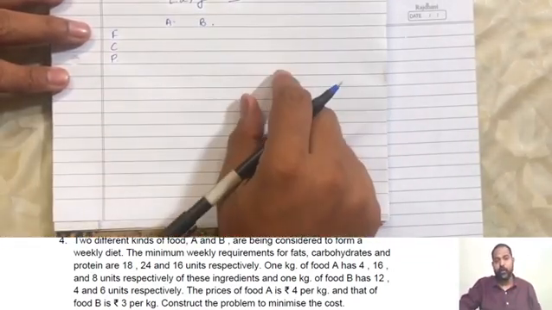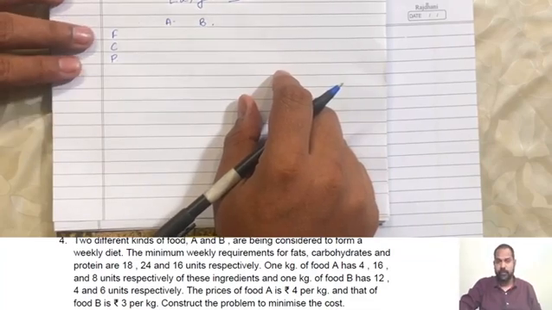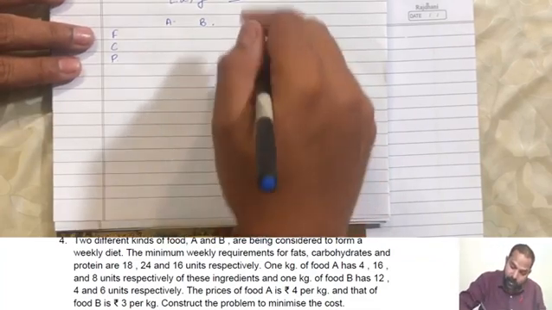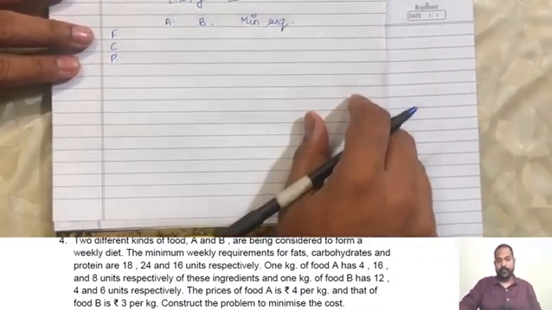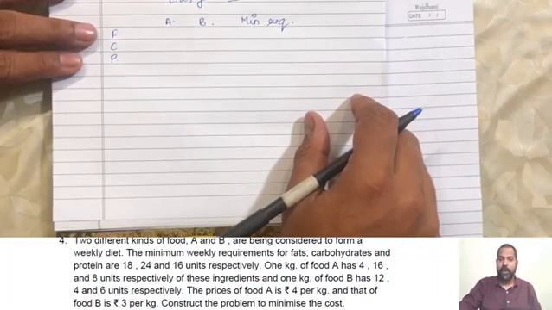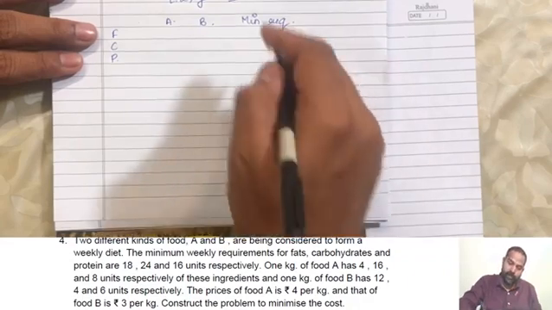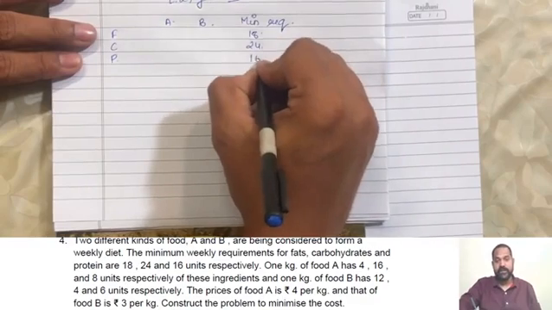Fats, carbohydrates and proteins is limiting the use of this. Why? Because there is a minimum requirement. What is the minimum weekly requirement? The minimum weekly requirement of fat, carbohydrates and proteins is 18, 24 and 16 units respectively.